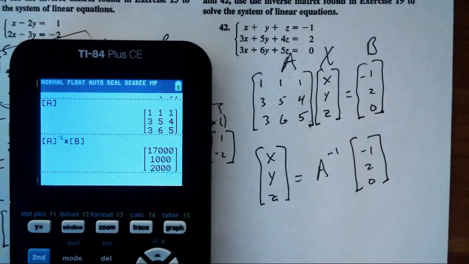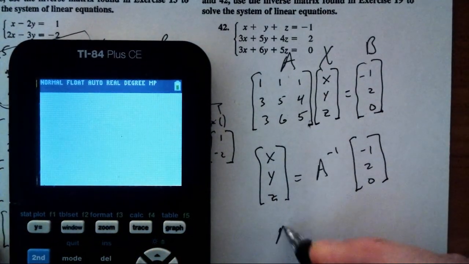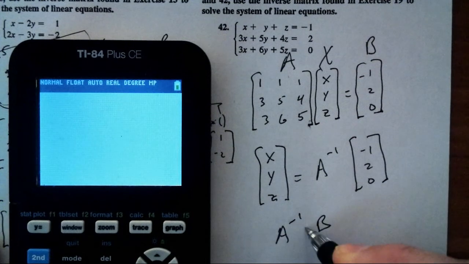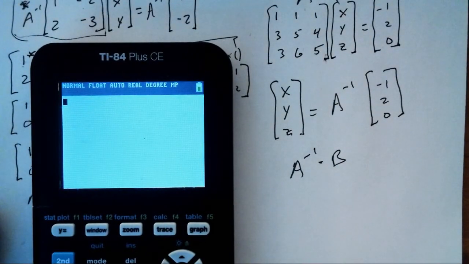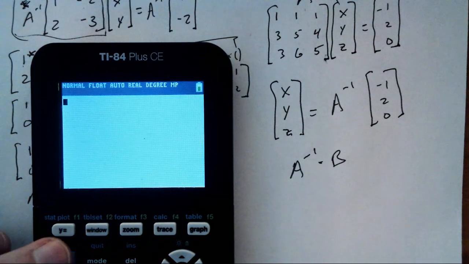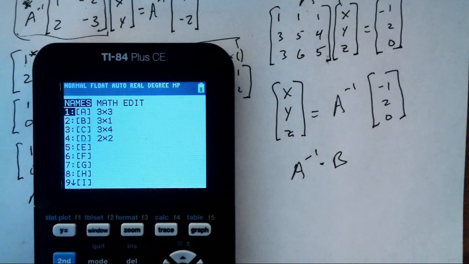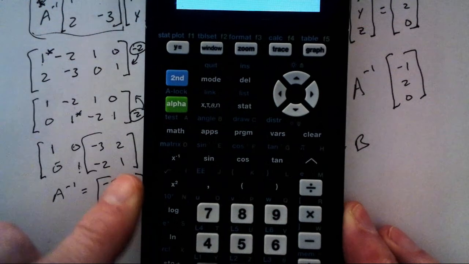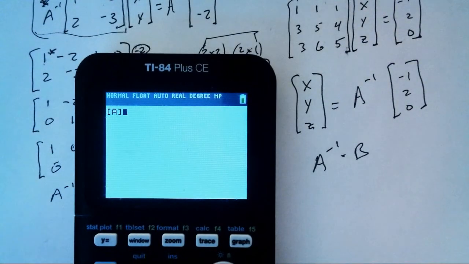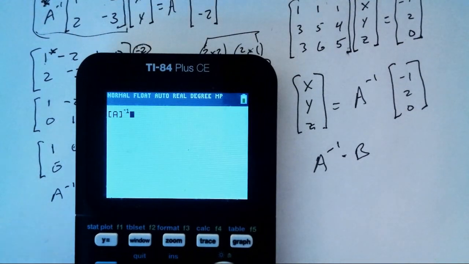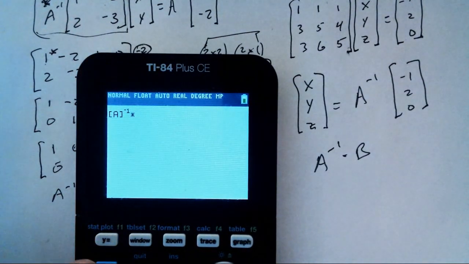So my solution is just A inverse times B. I don't need to find the inverse of A. I just need to enter second matrix A, inverse button, right, shares with matrix, A inverse, and I believe I can just butt matrix B up against it, but I'm going to put times in there.